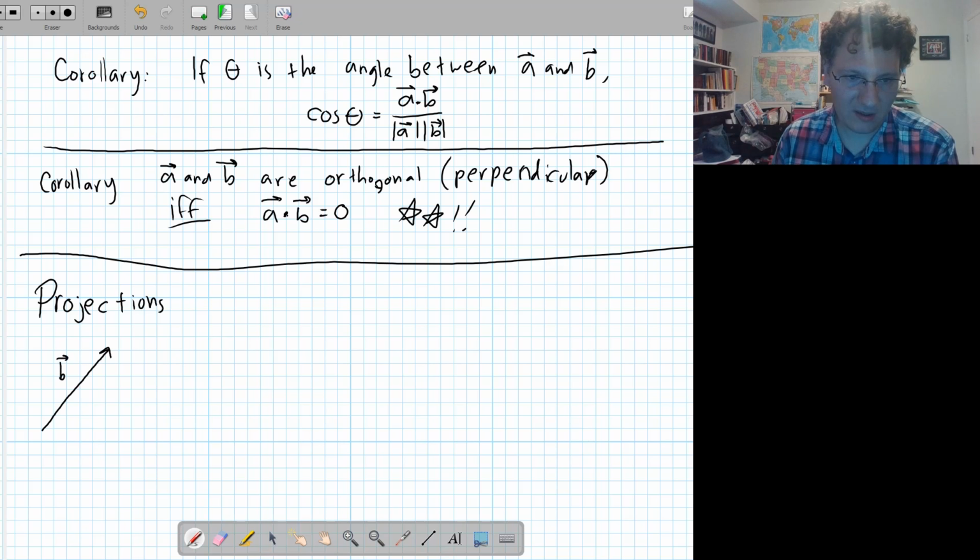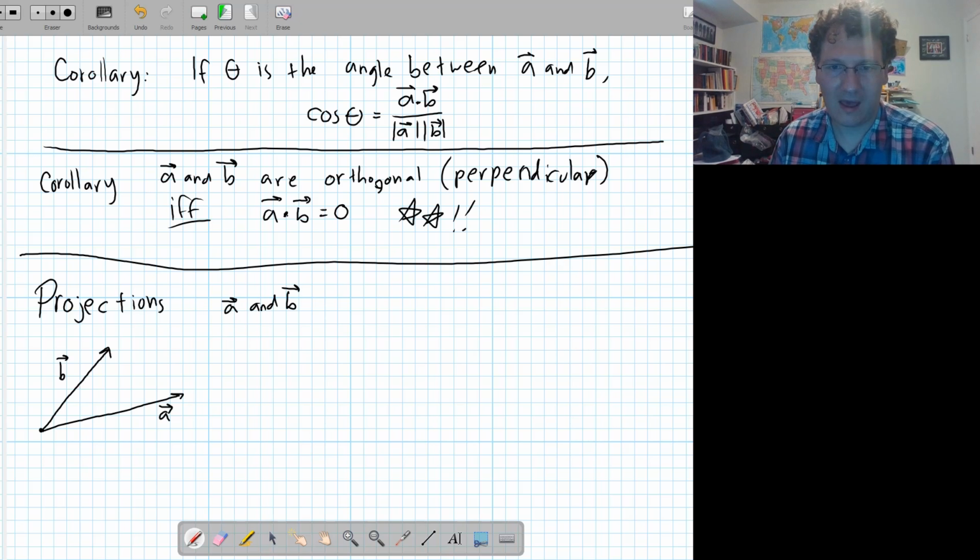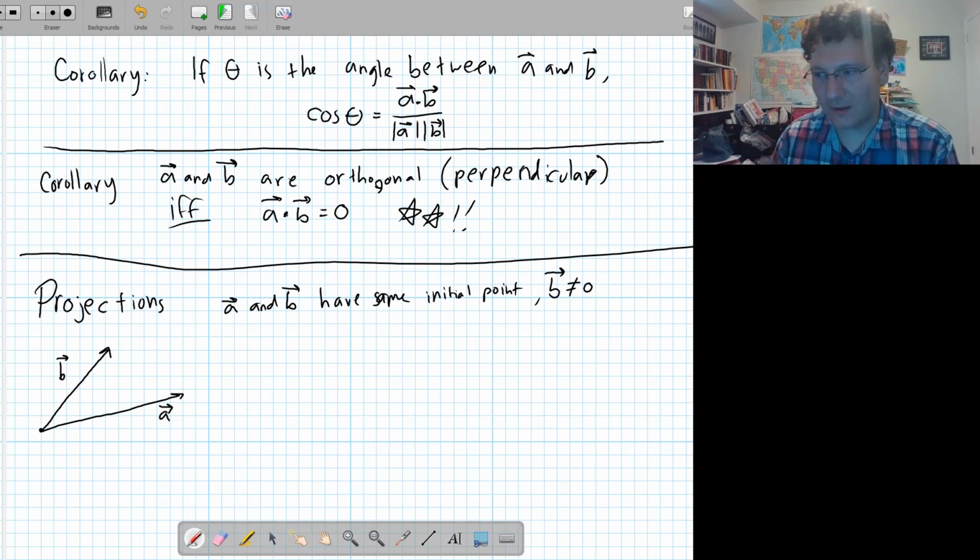This is vector B and vector A. I'm going to draw them having the same initial point. So A and B have the same initial point. Okay. And B is not a 0 vector.